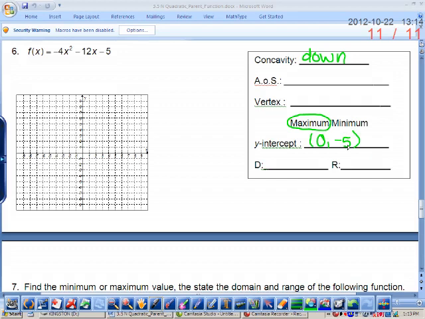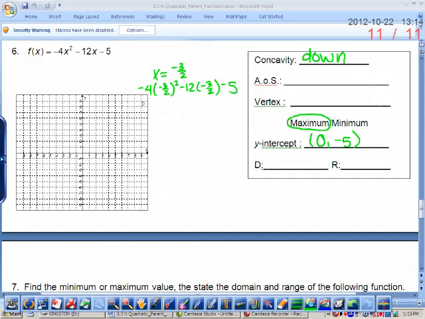Right, hopefully we were all okay with these three things. And you should have gotten that the x value for your vertex was negative 3/2. Okay with that? All right, let's find our y value together. Negative 4 times negative 3/2 squared minus 12 times negative 3/2 minus 5.